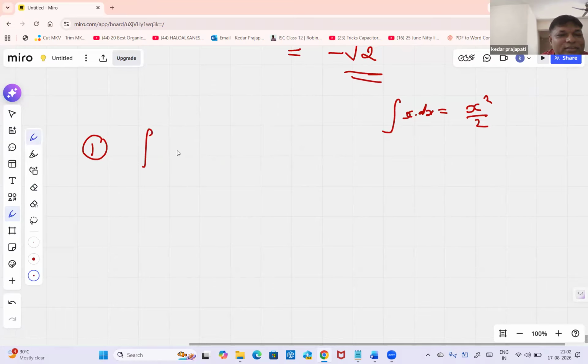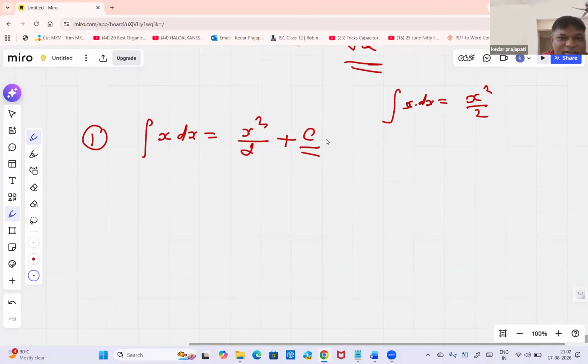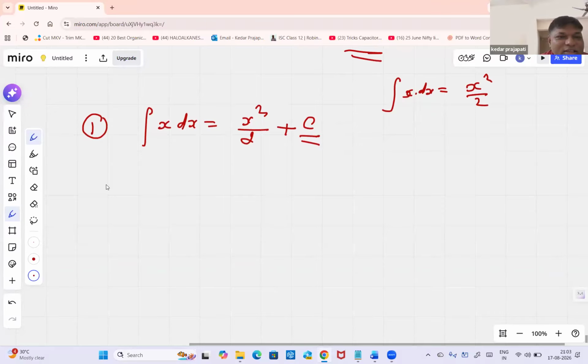So what I'm saying is, you know, the integral of x dx is equal to x square by 2. But is it the correct answer? No. We have to have the constant c. If you are missing this constant, they'll give 0 marks in IIT as well as in board. Now, in place of here, I am writing x equal to 1, dx.